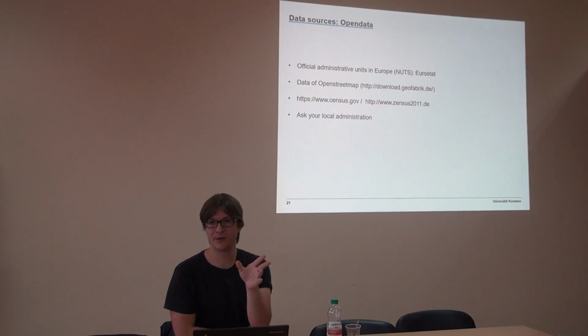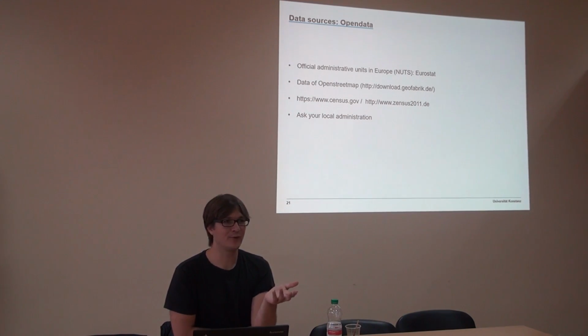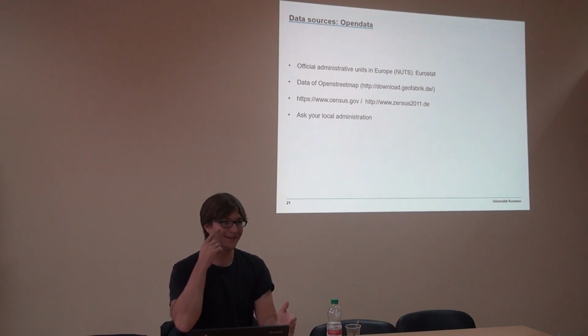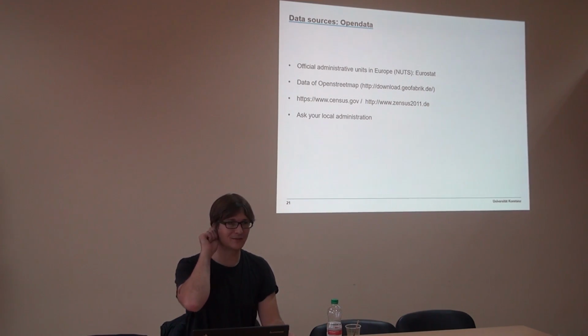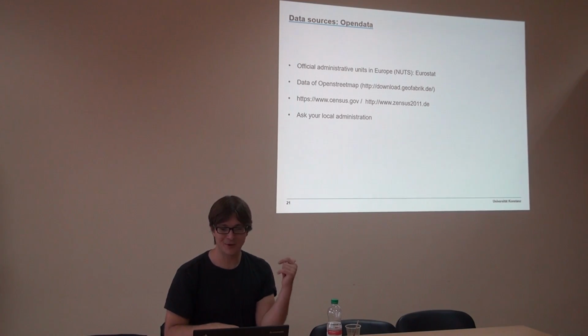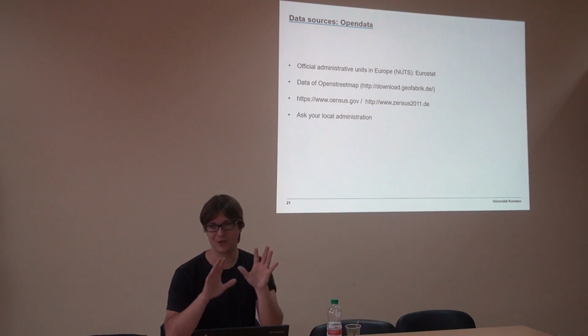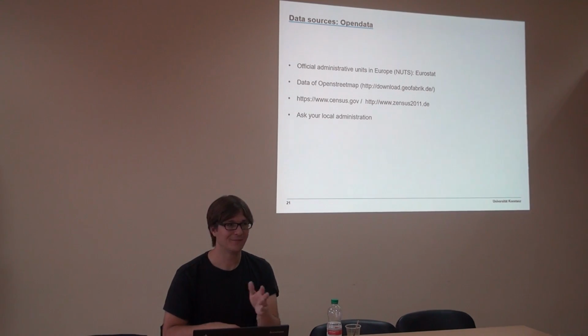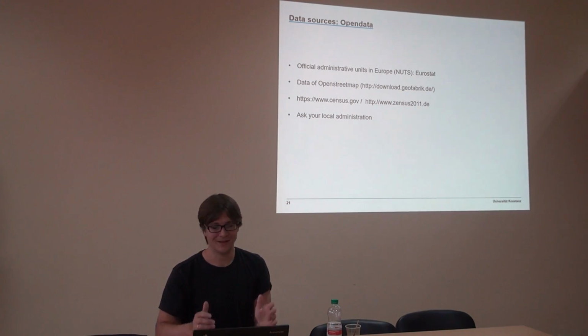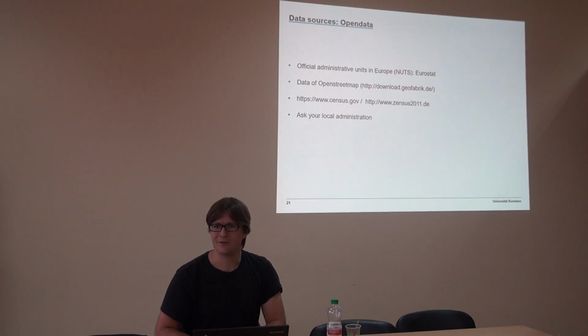So also about Ukraine, and this data is in the format of a shapefile, and you can use it in your geographic information system to process it further. You have to process it further because there is too much data in it, and you're mostly only interested in a subset of it. But this is probably a good go-to when you're looking for Ukrainian data. It's in German, but you will find it says country or something. Then it's about the country, and so it should be easy, but we can have a look together.